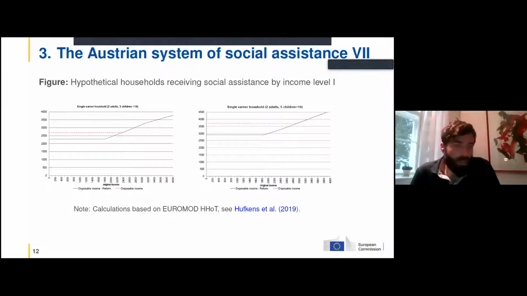But after the reform, due to the reduction in social assistance that this household receives for children, they would drop to about 2,300 euros. And the more children you have, the more extreme this reduction gets. On the right-hand side, in the case of 5 children, the social assistance would drop from about 3,700 euros to below 3,000 euros after the reform takes place.